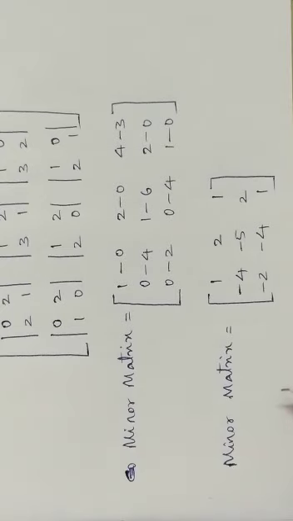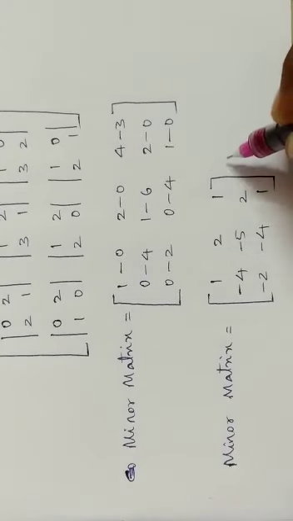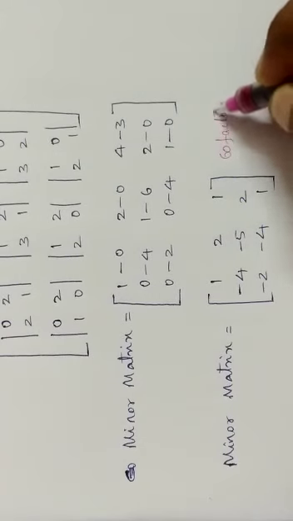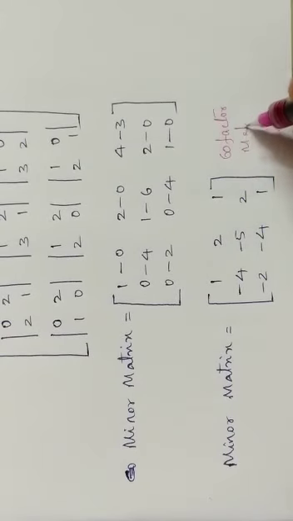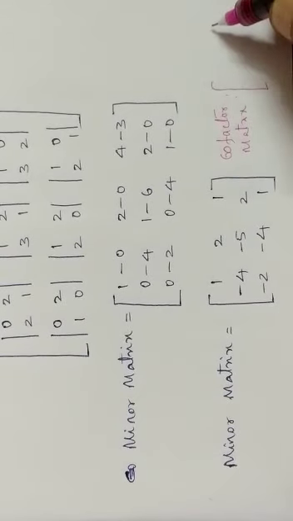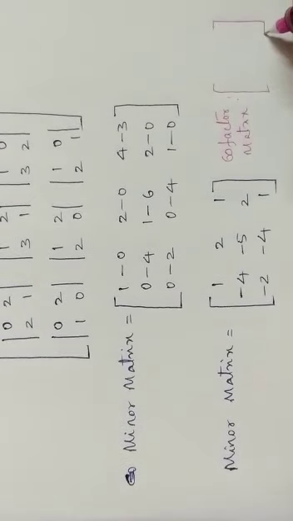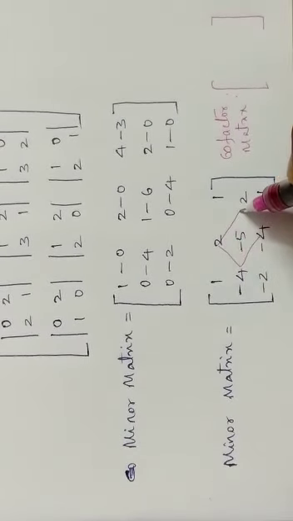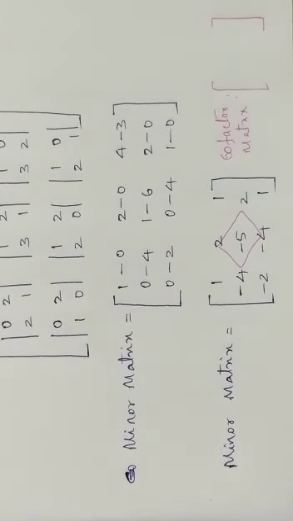How to write the cofactor matrix? In a simple way, change only these 4 elements' symbols. The symbols of these 4 elements are to be changed.